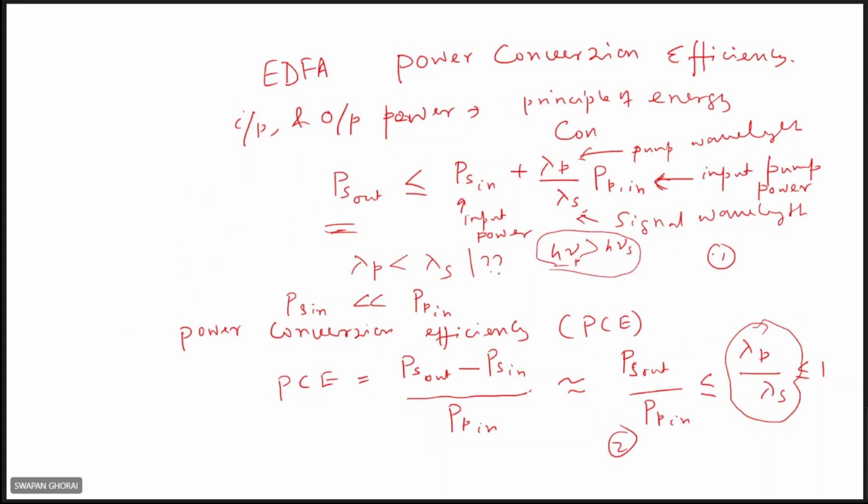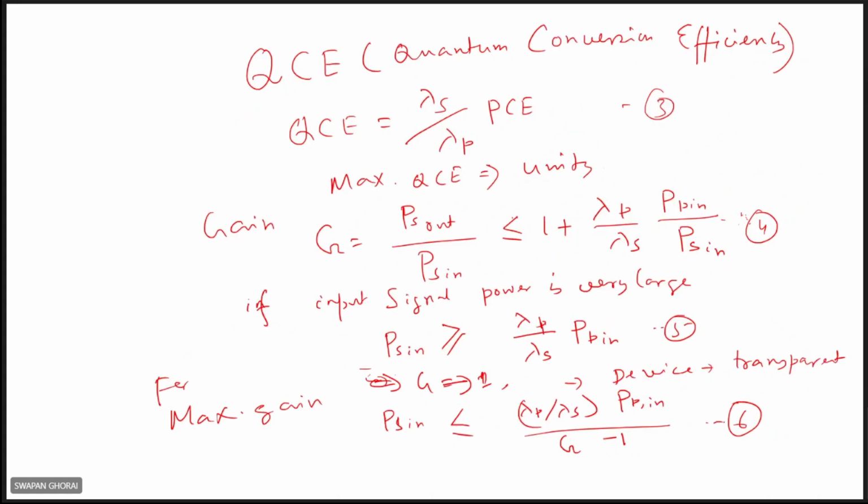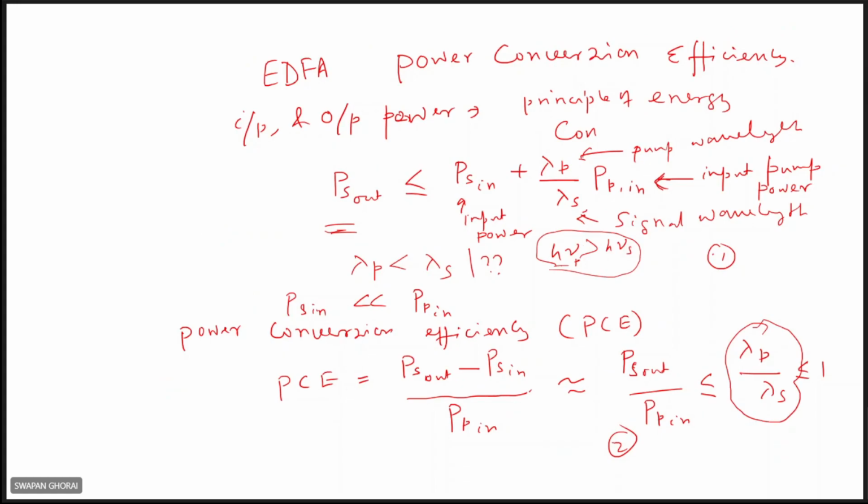And if you see the power conversions, just 1 minute. Okay, some more things are there. Quantum conversion efficiency. Okay, now power conversion efficiency. So that is another important aspect. Amplification means small to high, but from where are you getting the energy?